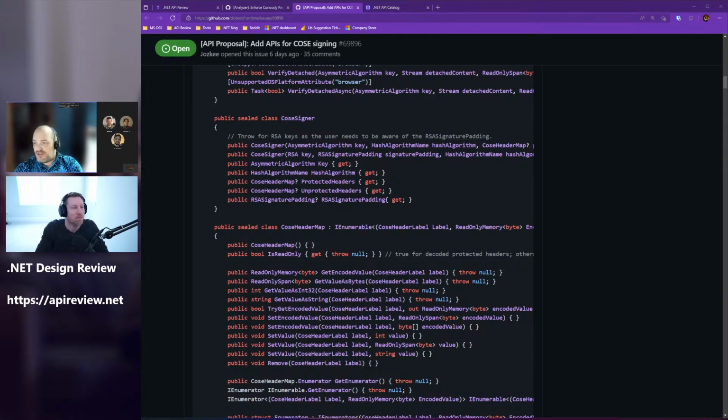So we can certainly make a COSE header value type just to talk about this and let it become an IDictionary, or even just a regular dictionary. Well, keeping it as a custom type would still give us the IsReadOnly, because if you've called decode, the protected headers are always going to say read only.